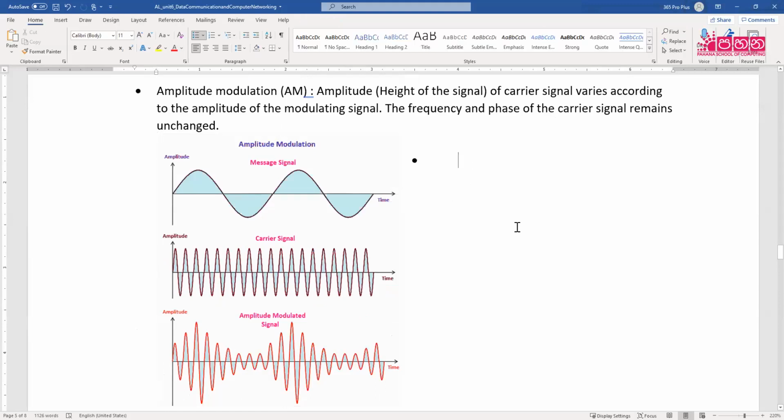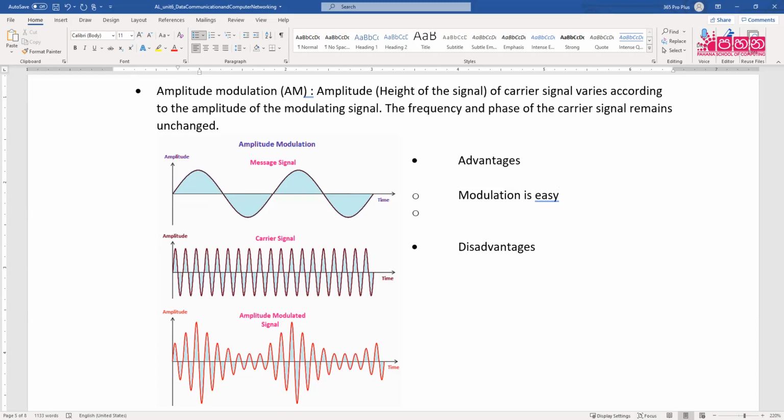Let's start with the advantages first. So you can say modulation is easy.